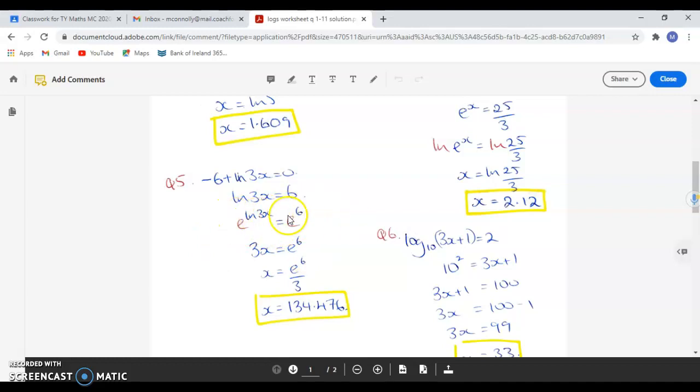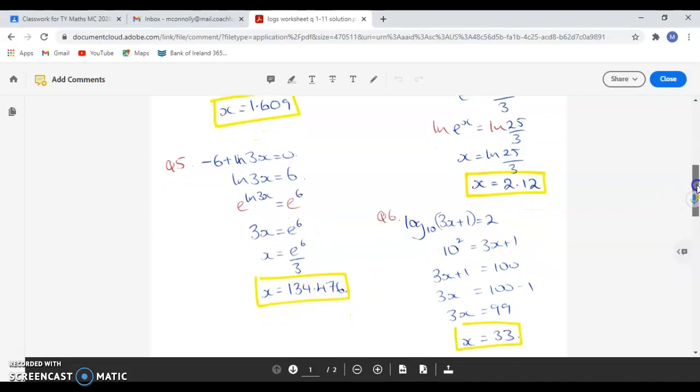Again, e and ln cancel each other off, so you're just left with the power here. So 3x is equal to e to the 6. And then just bring your 3 and divide down on the other side. Put this number into your calculator, and you get your 134.476.